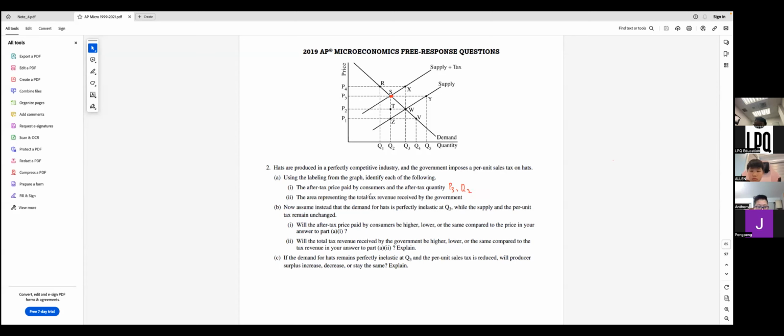The area representing the total tax revenue, just like what we did in our lecture notes. So how do you represent this area? Maybe the easiest way is you just write down this 4.